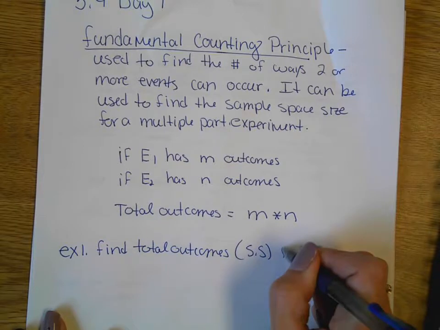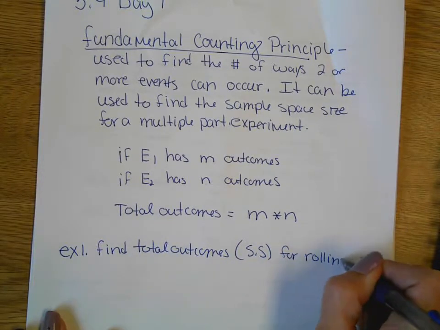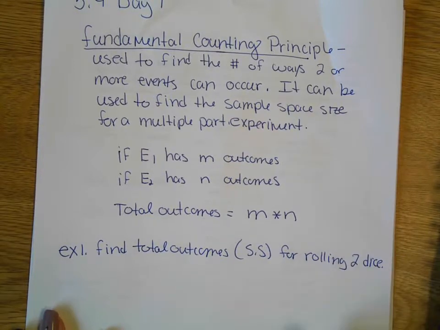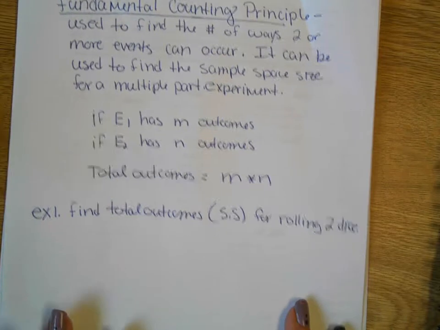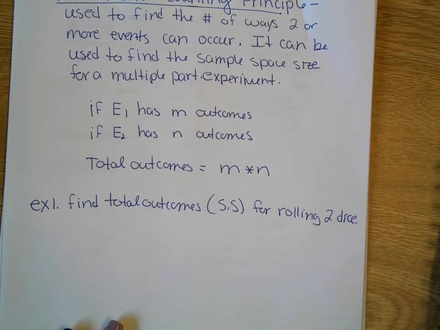Sample space for rolling 2 dice. I made you draw this tree diagram, I think more than once. How many outcomes were on this tree diagram? 36. Well, let's see how we can use this fundamental counting principle to get it.